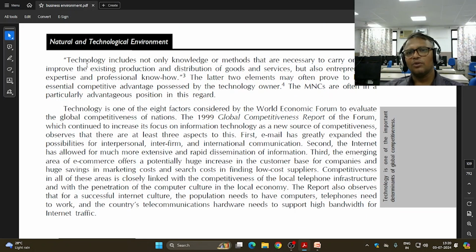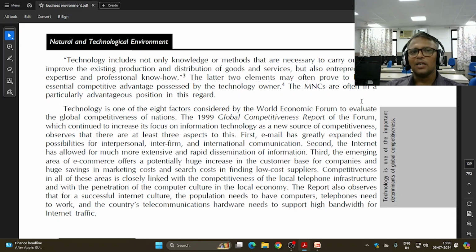Technology includes not only knowledge of matters necessary to carry on the existing production and distribution of goods and services, but also the internal enterprise and professional environment. The latter two elements will often prove to be the essential competitive advantage possessed by the technology owner.